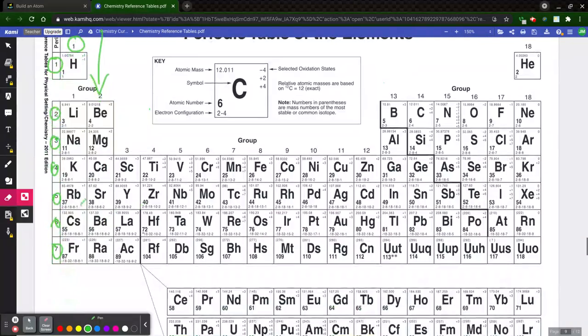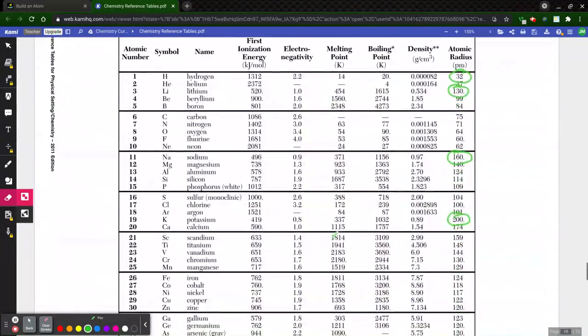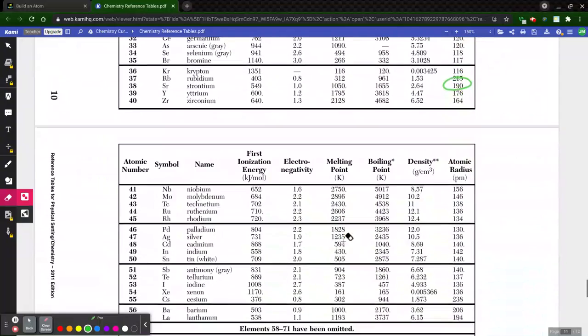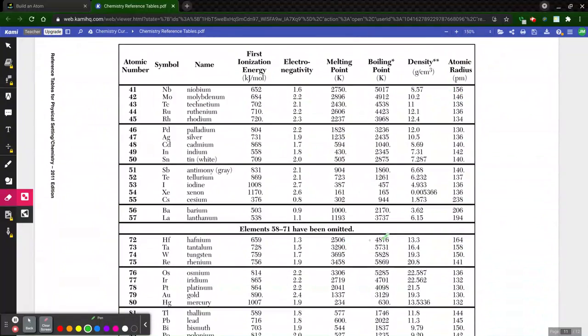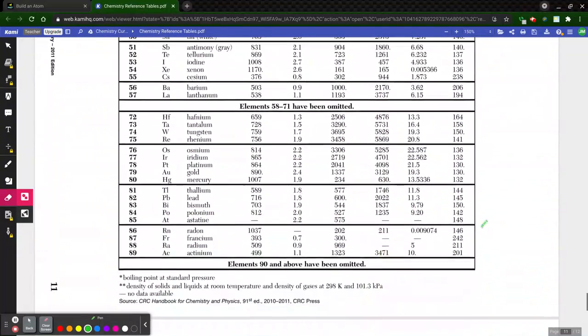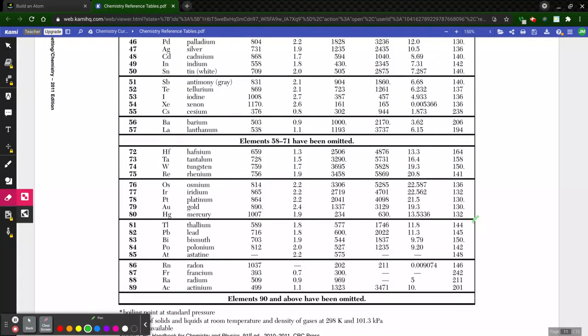Rubidium, then cesium. So now we got to look for cesium. So rubidium is 215. Oh, there you are, cesium, 238. And francium, 242, which is, I believe, the highest atomic radius shown on this list.